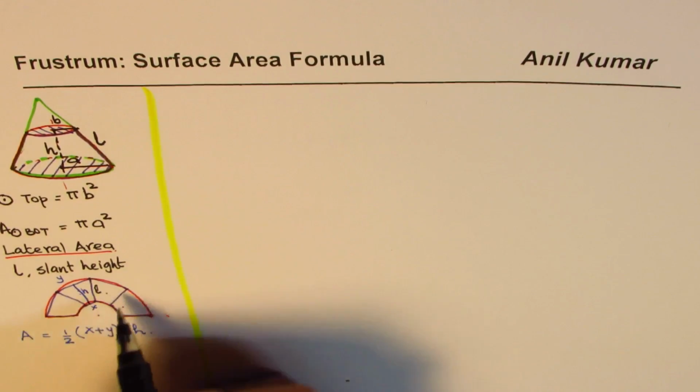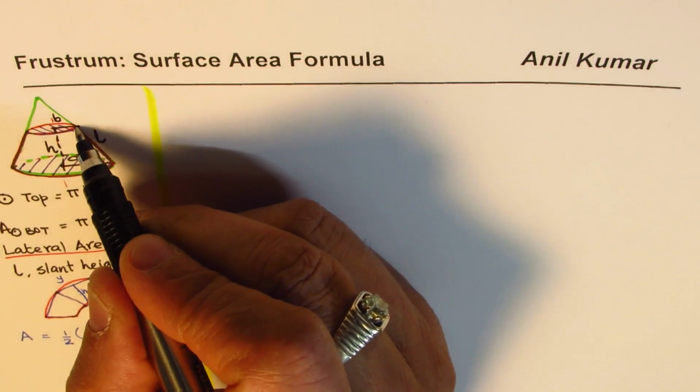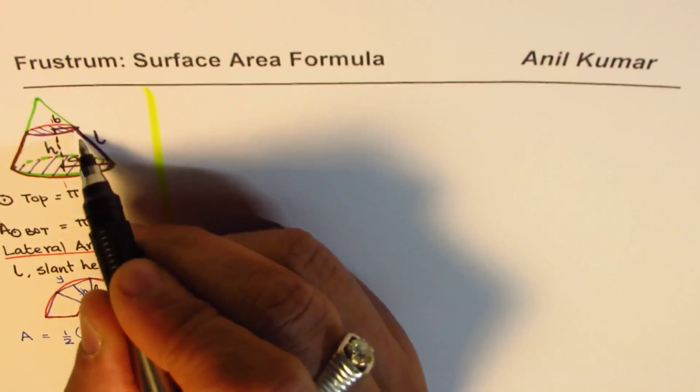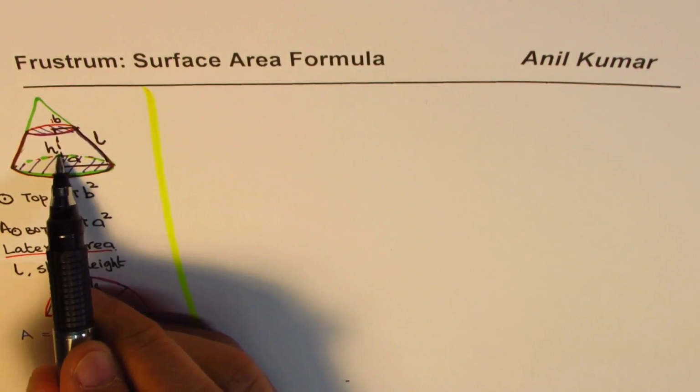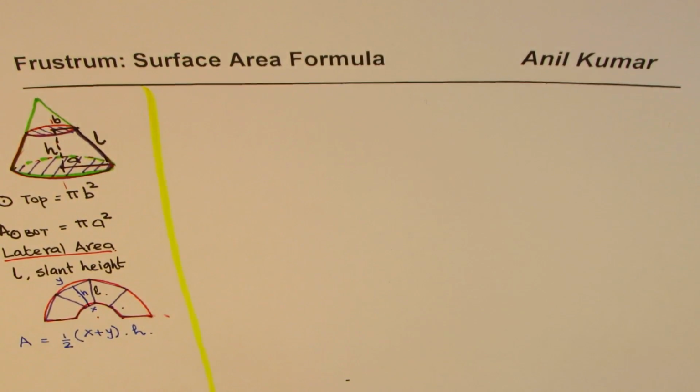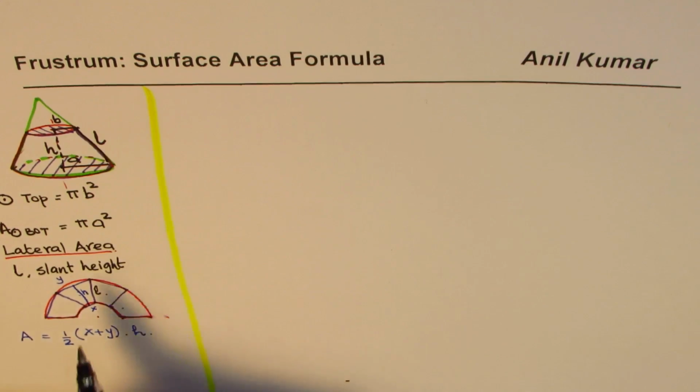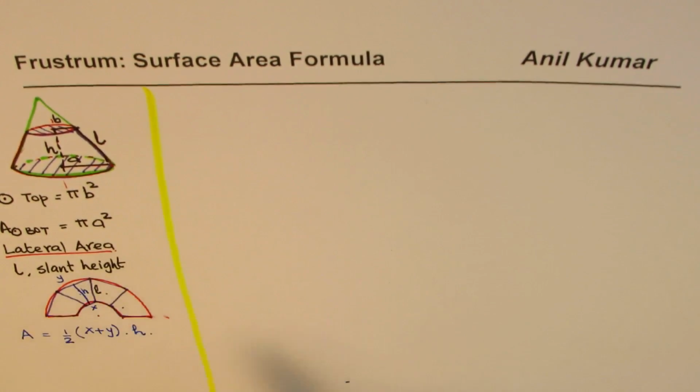So in this diagram, this L is our slant height. Is that okay? Slant height is always greater than height. Perfect. But look here. What happens if I have many of these small trapezoids?